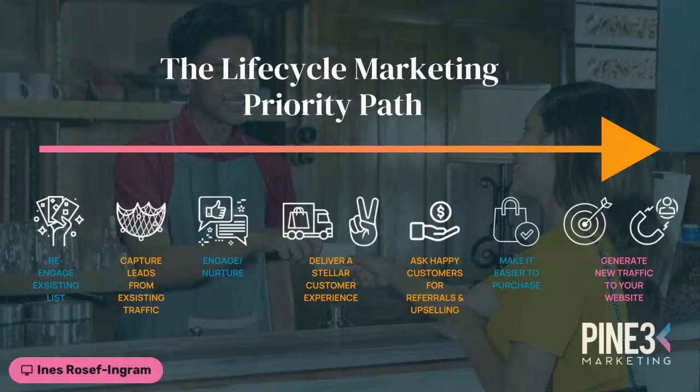So the first thing we'll look at is to re-engage your existing leads. If you don't have any existing leads, or if you're nailing that part, we're looking at capturing leads from existing traffic. So how are you capturing your current leads? Where do your Facebook ad leads end up? Where do your Instagram leads end up? Where do your Outlook inbox leads end up?